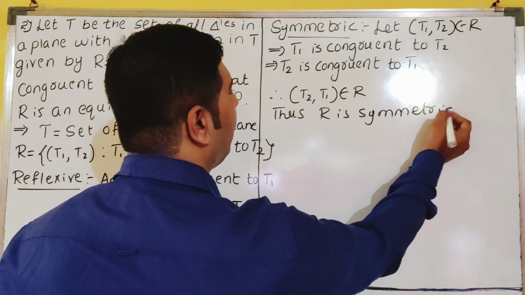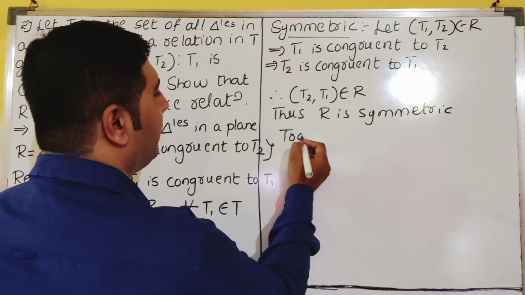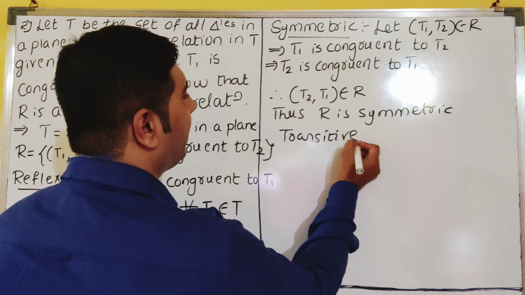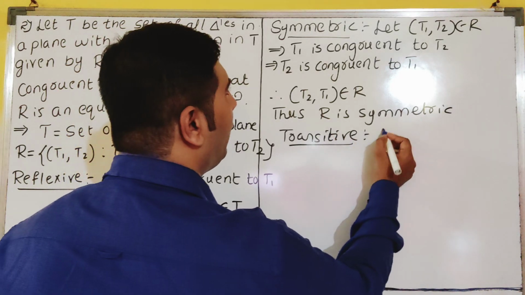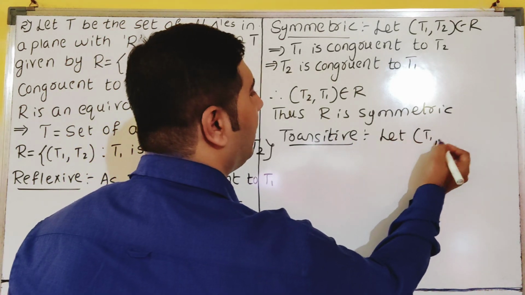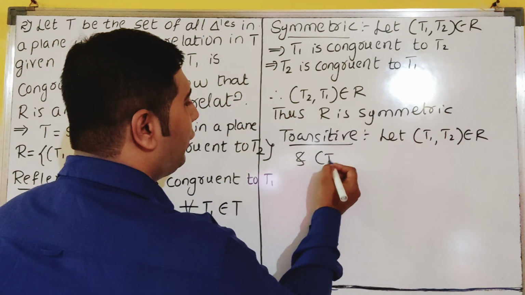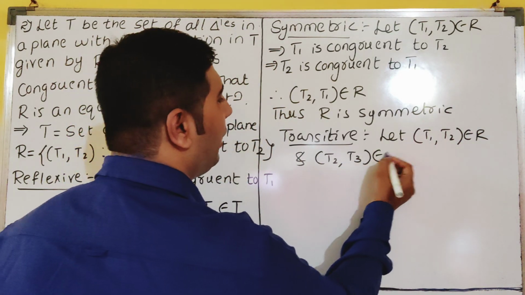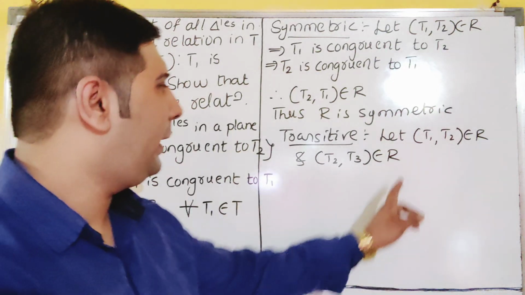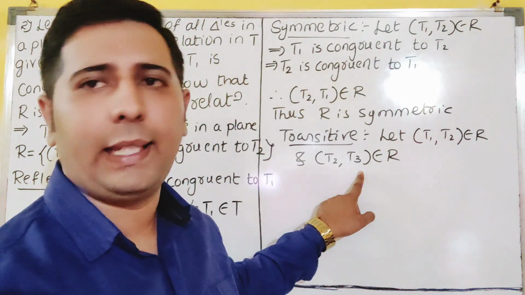Now next, transitive. Let (T1, T2) belong to R and (T2, T3) belong to R, like (A, B), (B, C).